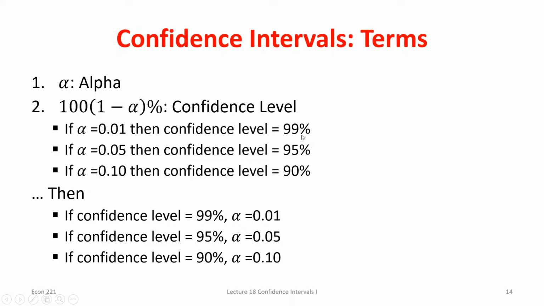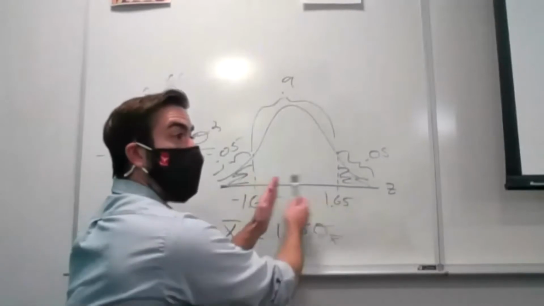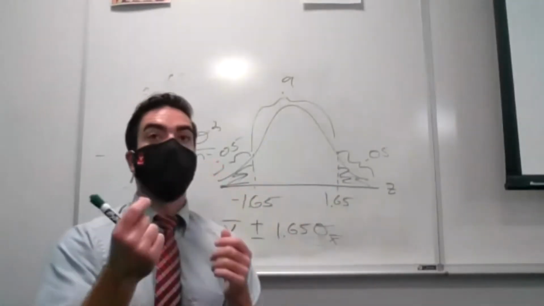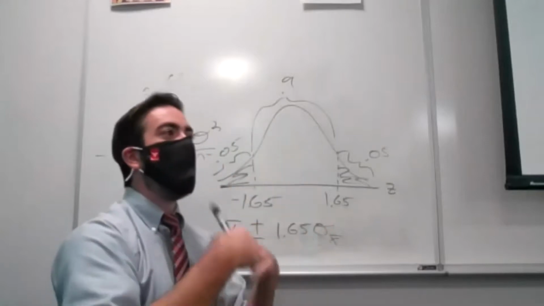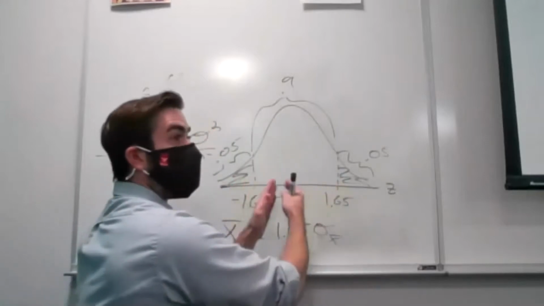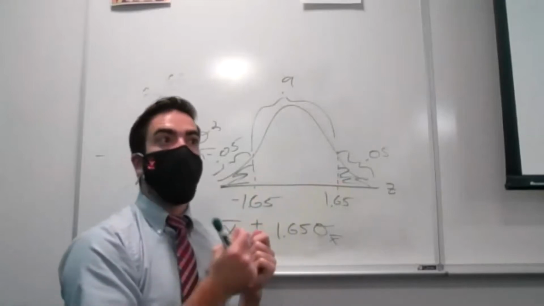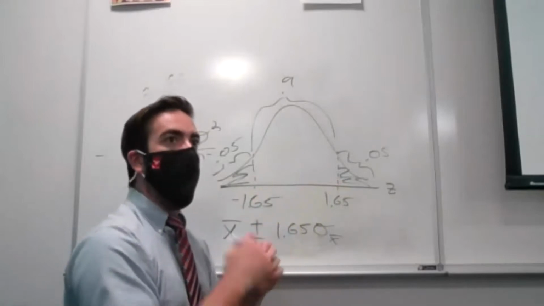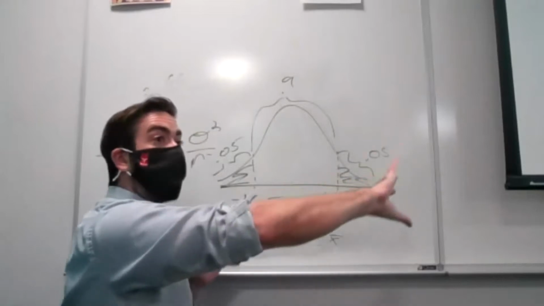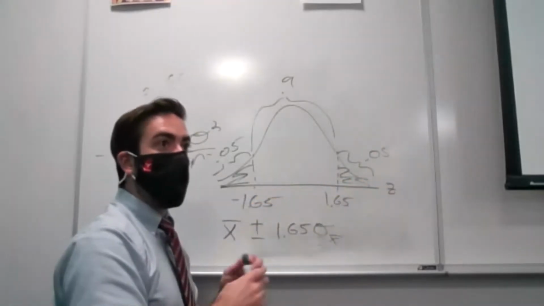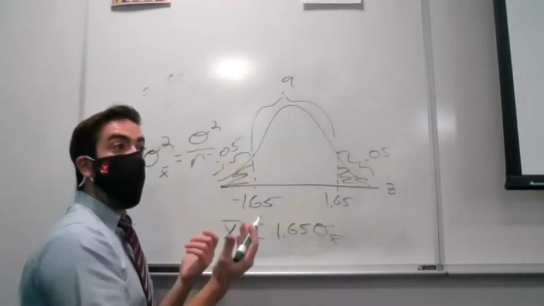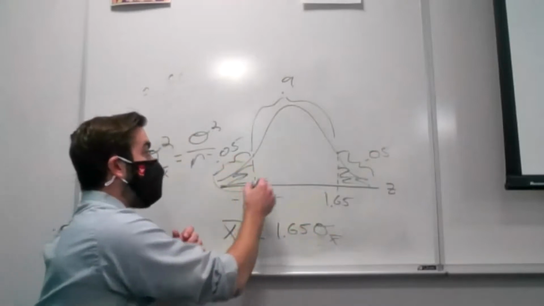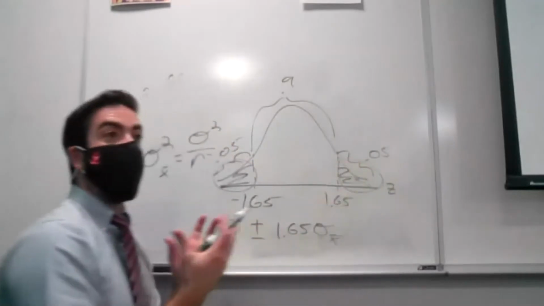But really, the confidence level tells you the percent you want in between your lower and upper bound for your confidence interval. Alpha is the area outside of that confidence interval, or the percent outside that interval, but in decimal form. Or, think about it differently, it's the area in your tails.